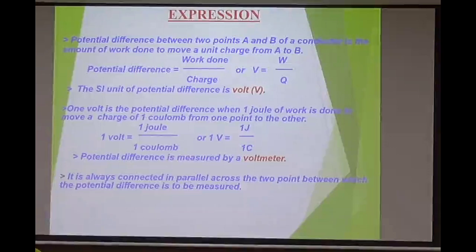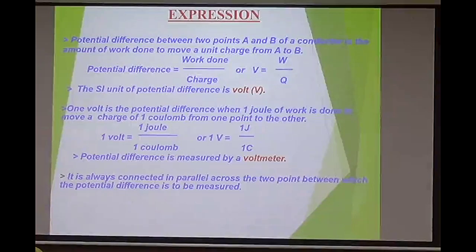When we are measuring potential difference, we are measuring it between 2 points, so we connect the measuring instrument between those 2 points. That is why we always connect a voltmeter in parallel across the 2 points between which the potential difference is to be measured.